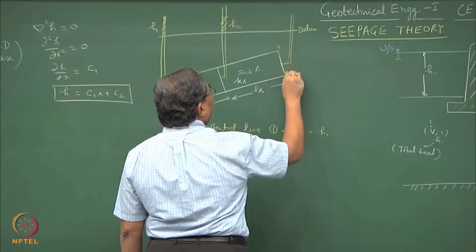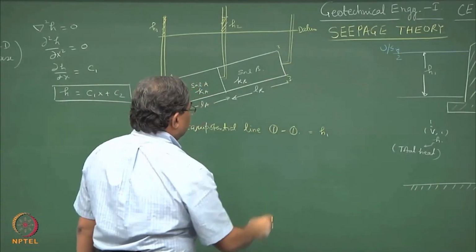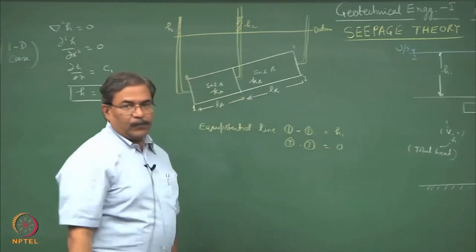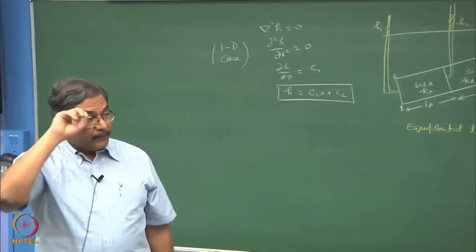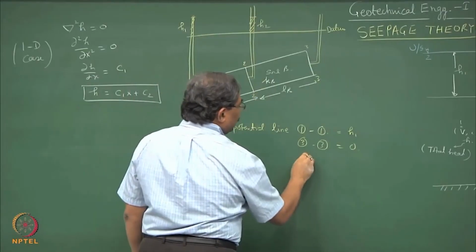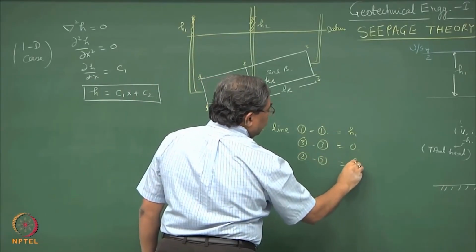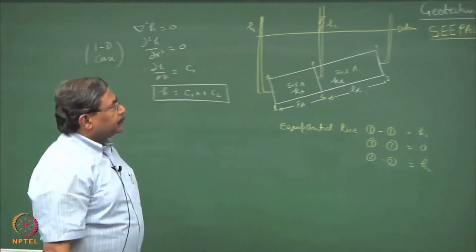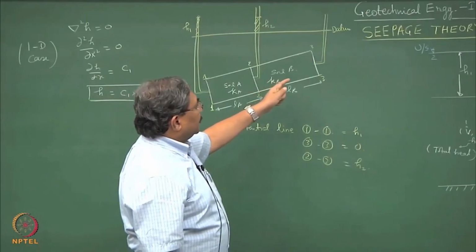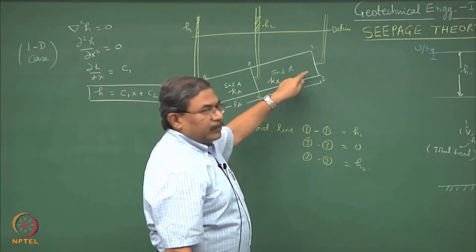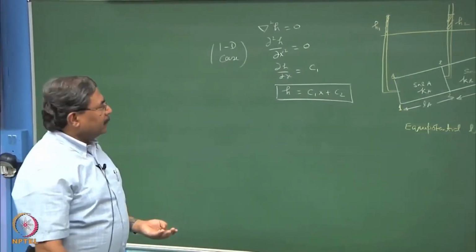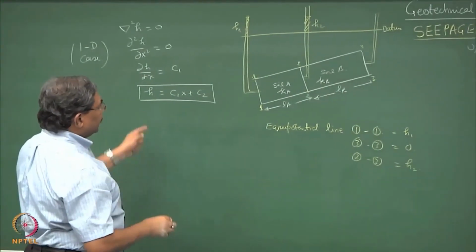At 3-3, the total potential is 0. Now, somewhere in between, that is at 2-2, we are assuming this to be H2. Now, suppose I ask you to solve this problem, establish the discharge and seepage velocity through this system by using the Laplace equation, it is fairly simple.